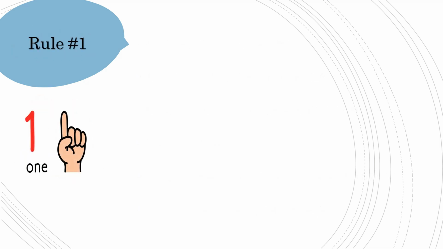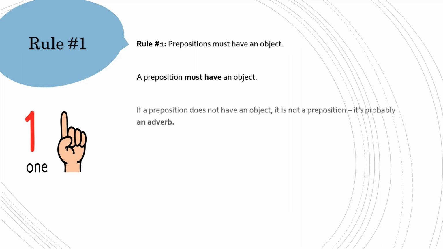Rule number 1: prepositions must have an object. A preposition must have an object. If a preposition does not have an object, it is not a preposition, it's probably an adverb.